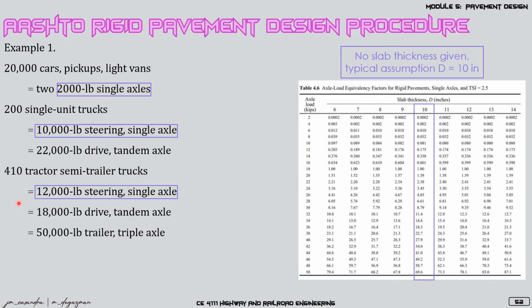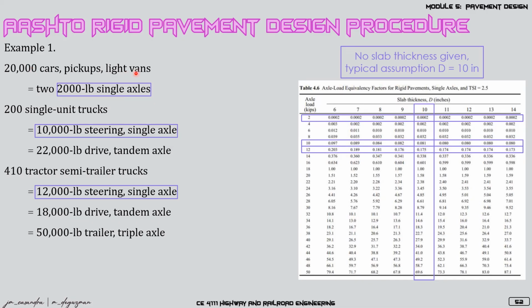So for the 2 kip, that is 0.002. For the 10 kip, we have 0.081. For the 12 kip, we have 0.175. With this, we now compute their equivalent weights by multiplying the equivalency factor by the number of vehicles passing.